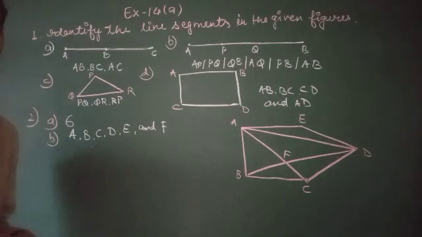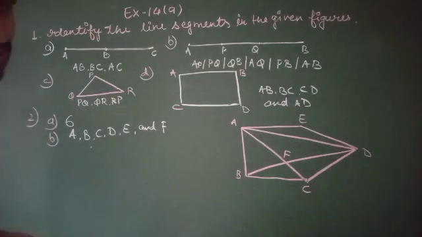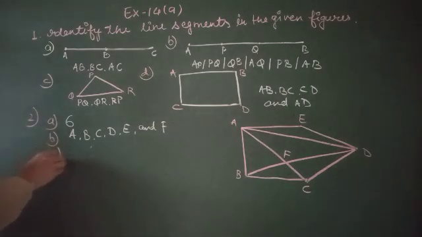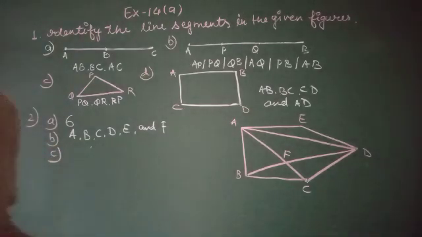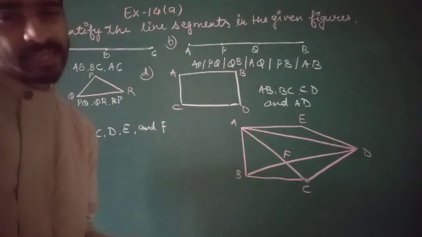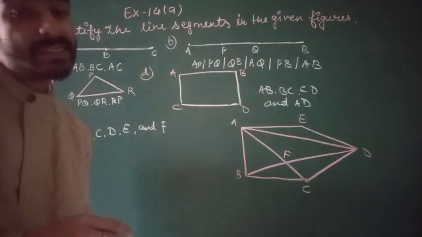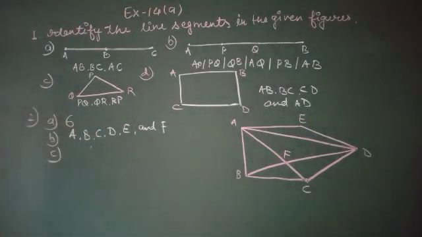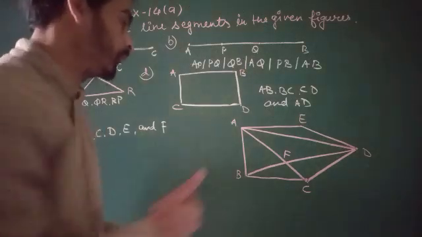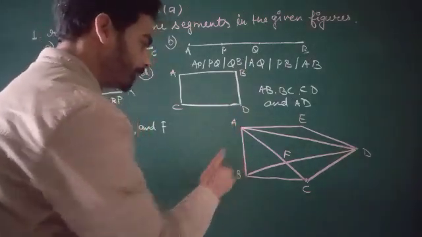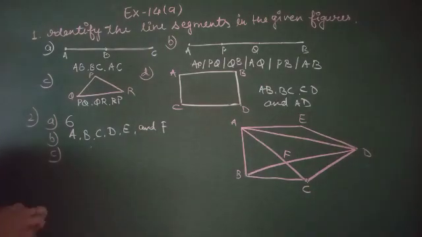Okay. Now come on the next question, that is question number C. It is saying identify 7 line segments. You have to write 7 line segments. So the first line segment is AB.